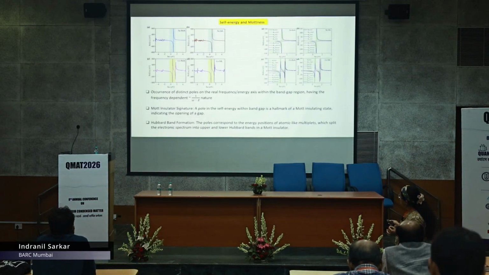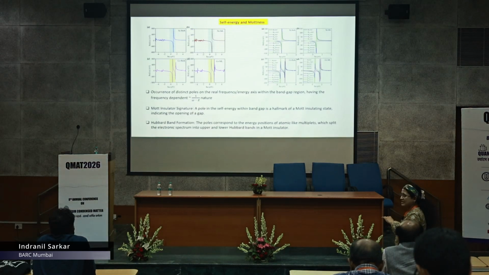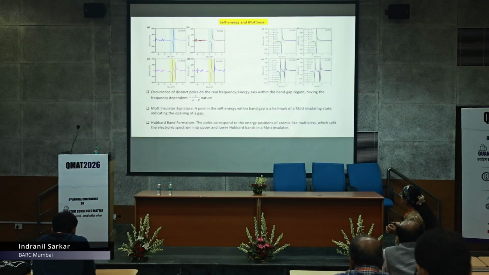And what we obtained is that we calculated the self energy and correlated it with the Mottness, because if you look at the self energy, you can see the occurrence of distinct poles on the real frequency axis, of the order of 1 upon omega minus c.